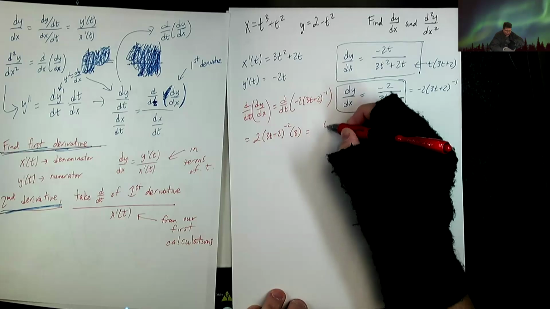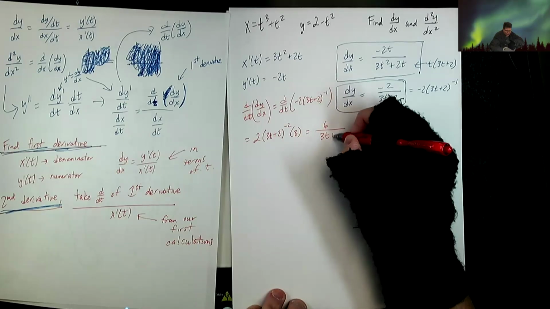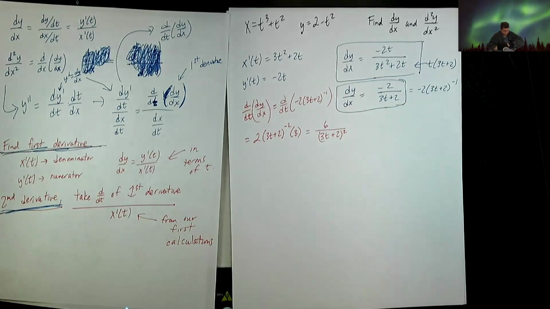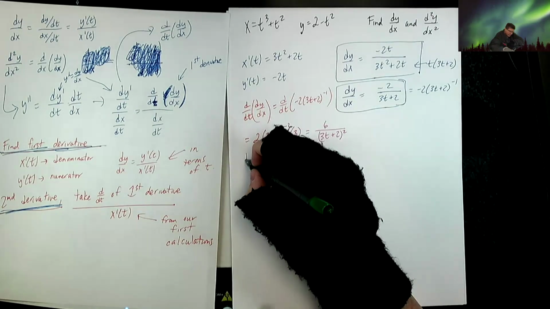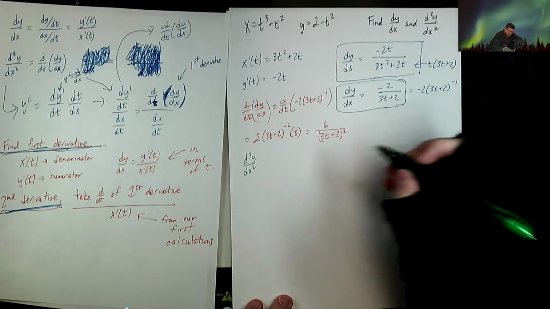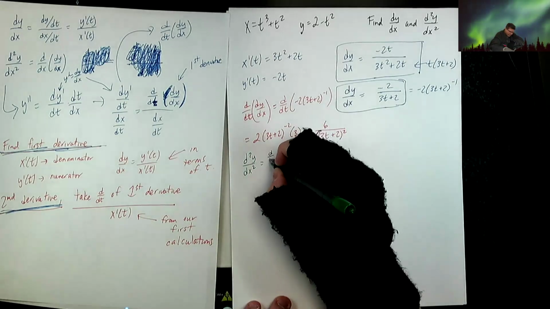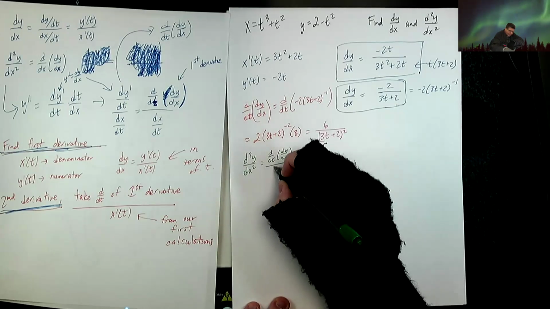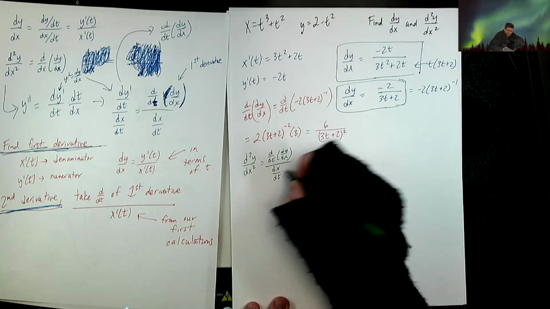I'm getting 6 over (3t plus 2) squared. So if I want d squared y/dx squared, I got to do d/dt of dy/dx on top over dx/dt on bottom.